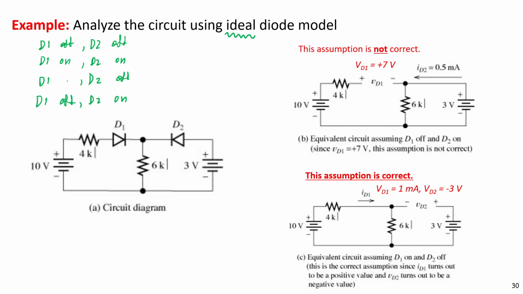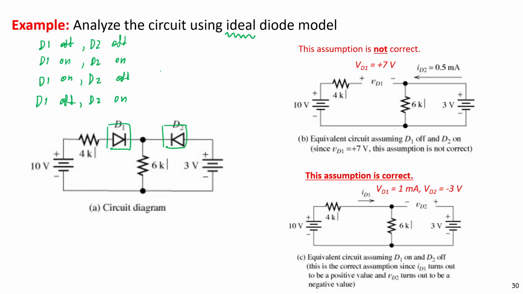So if we assume both diodes are off, what happens here?